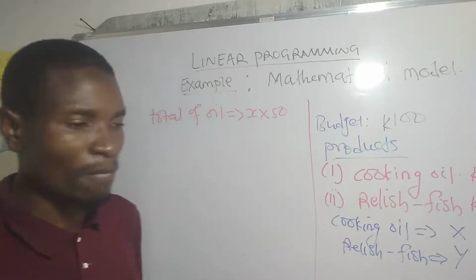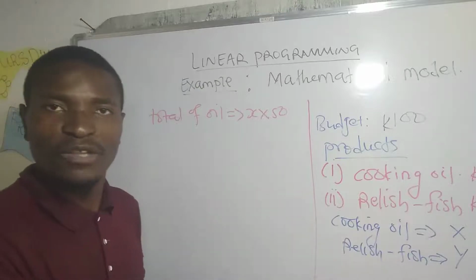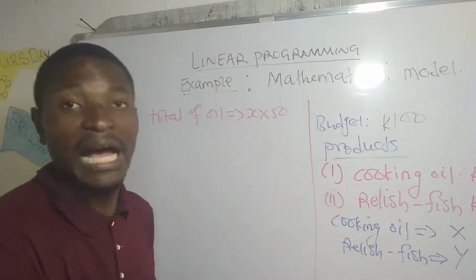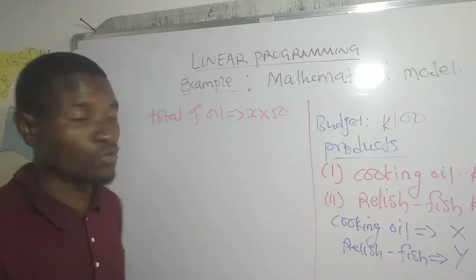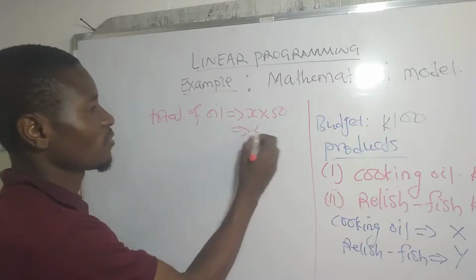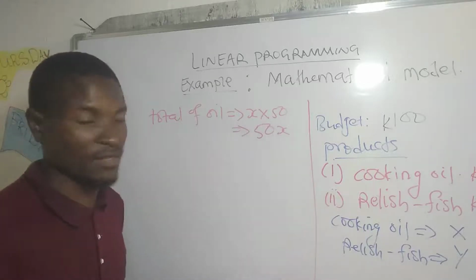So we want to say the number of the cooking oil times the actual price, to know how much you're going to spend. So this is going to be 50x.